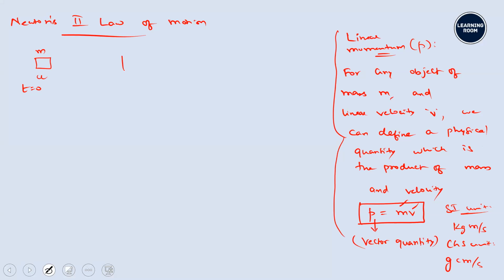Let's say after some time, the object has moved a certain distance. Here is one important point to be noted. When can you change momentum? If you look at the physical quantity, momentum can be changed when you change either mass and keep the velocity constant, or keep the mass constant and change the velocity, or you change both at the same time.